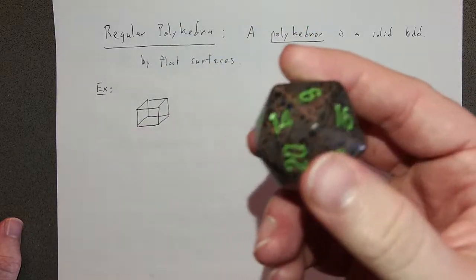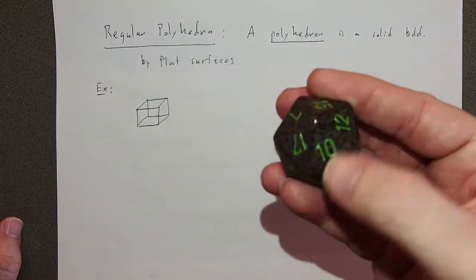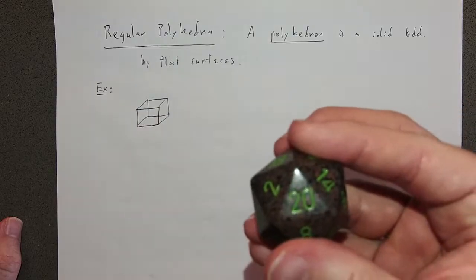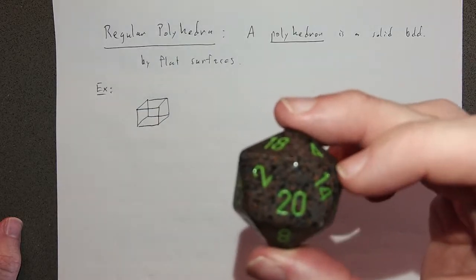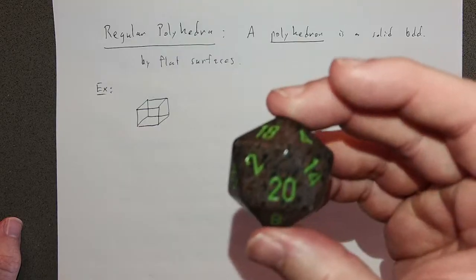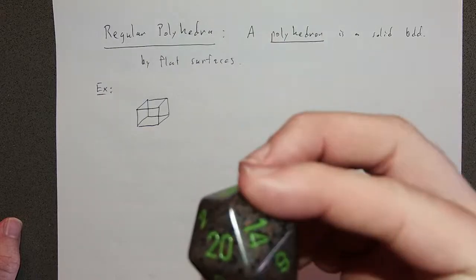This is a polyhedron. This one, of course, the faces here are numbered, up to 20. It's a D20. If you know what the name of this particular polyhedron is, you can type it in chat.